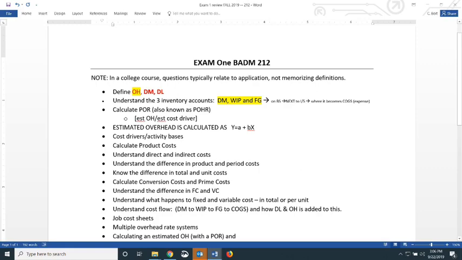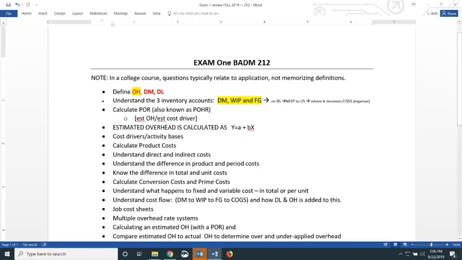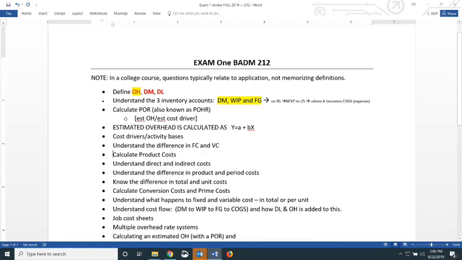So let's pull up this one definition where I've asked that you need to understand the difference in fixed and variable cost. So fixed cost is a cost that does not change whenever you are within the relevant range, within a certain level of activity. Fixed costs stay the same, but variable costs go up the more you produce.